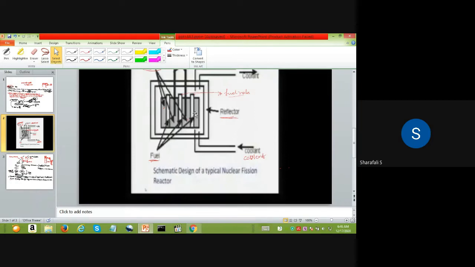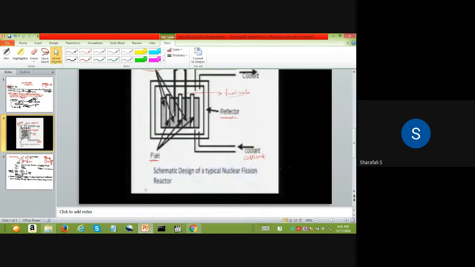In the core region, where the nuclear fission process is happening, some neutrons may get out. That will be reflected back by using this reflector. So there will be some surface made up of some material which will reflect those neutrons. We will not allow those neutrons to come out of this box, this particular cavity. So this reflector is used in some cases.